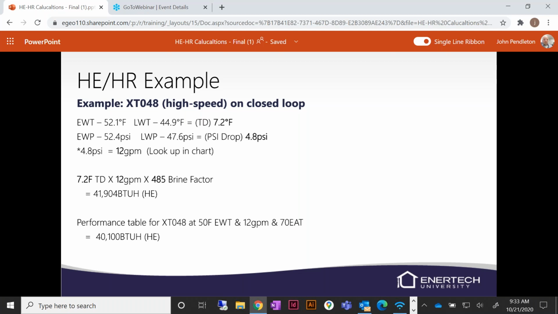So in this example, the book would tell us that it should be 40,100 BTUs. So yeah, we would be within 10%. Now, normally we're not going to be, unless maybe we're moving a little bit less GPM than what's really stated in the book or something like that. Normally, we're not going to be a whole lot above what's in the manual. So if you're way above what's in the manual, you may need to rethink your calculation and look at it again.